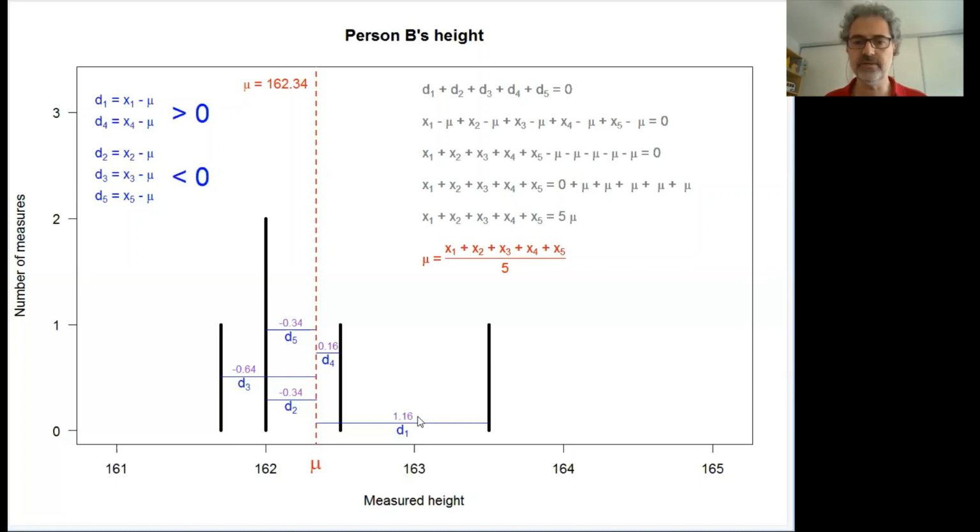And if you want to add up the values of these distances, now that you know this, you can subtract it from each observation to find these distances here. And if you add these two, you'll see that they exactly counteract these 3. So that is what the mean is and why it is equally affected by every observation that we have.